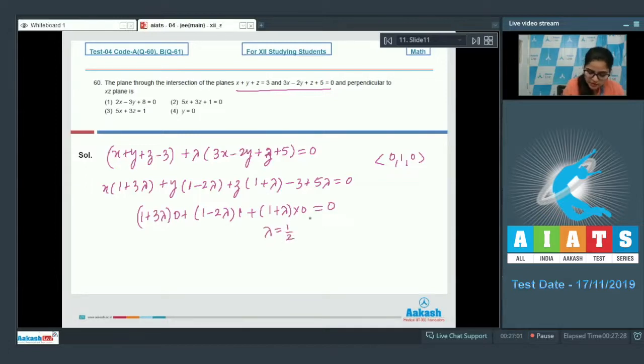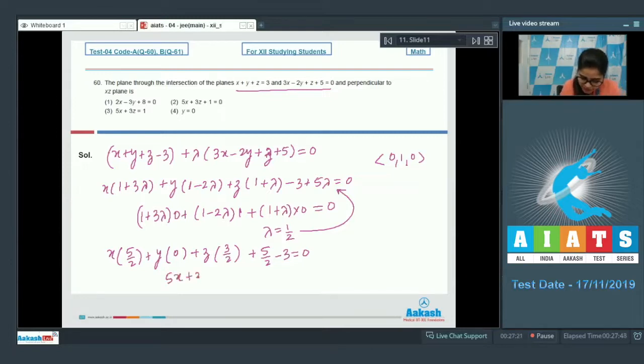So just substitute lambda equal to half in this equation. You will get x times 5 by 2 plus y times 0 plus z times 3 by 2 plus 5 by 2 minus 3 is equal to 0. So from here you are getting 5x plus 3z is equal to 1. So just check our options. Option number 3 is your correct answer. Now move on to the next question.